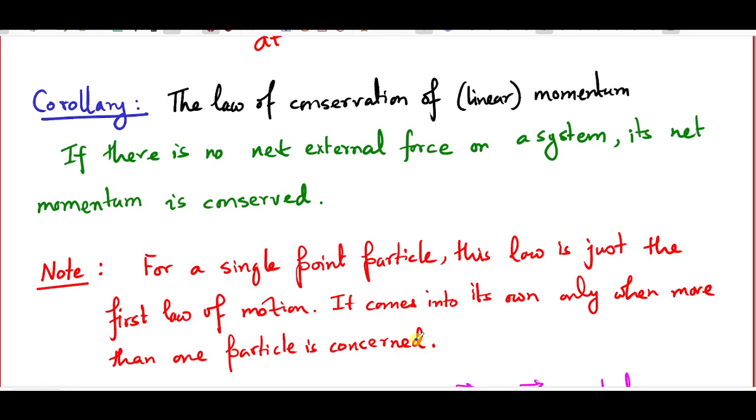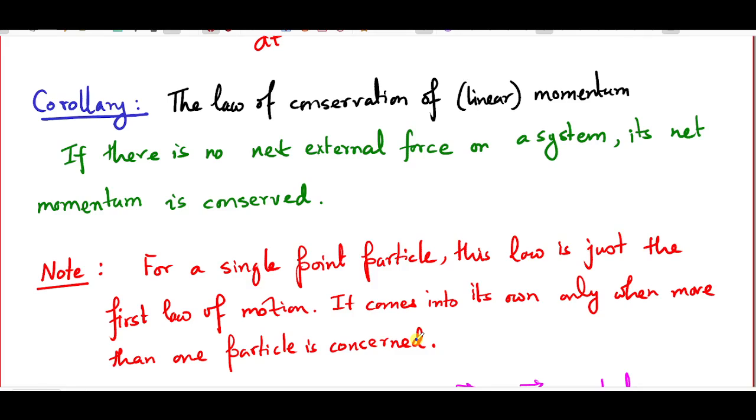After all, if you have only one particle, then the net momentum of your system is exactly the same as the momentum of that one particle. And all forces, of course, are external now. So, our law simply becomes: the rate at which the momentum of a single particle changes is equal to the net external force.